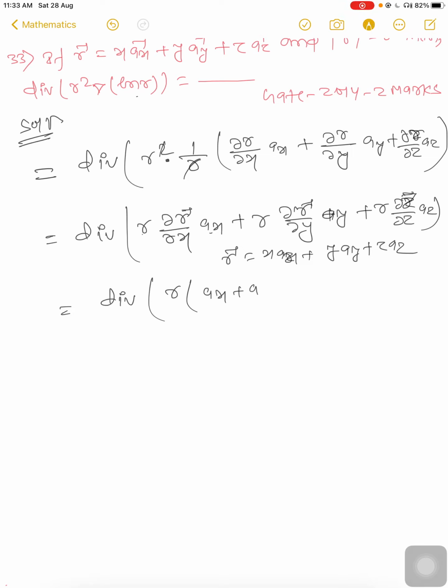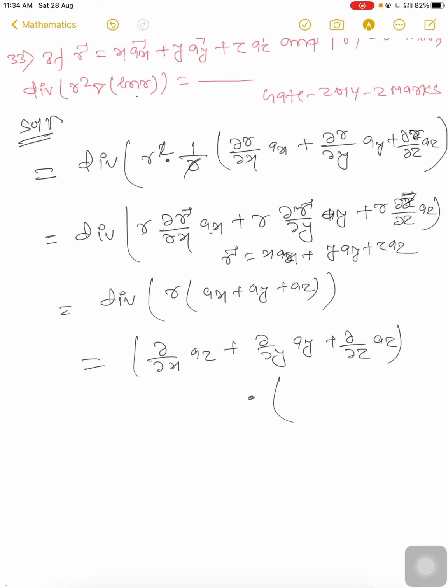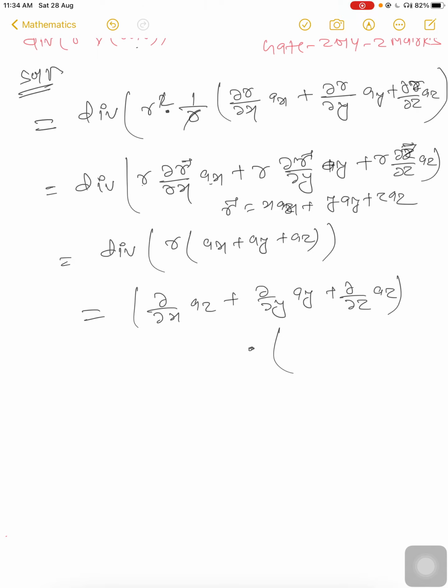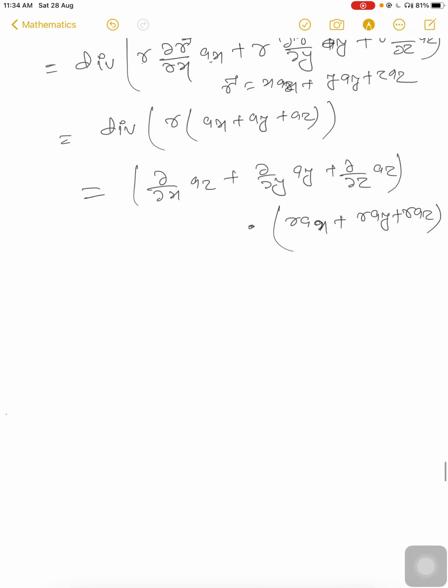Then divergence is del by del x ax plus del by del y ay plus del by del z az, and dot product, because we are taking the divergence, then r ax plus r ay plus r az.